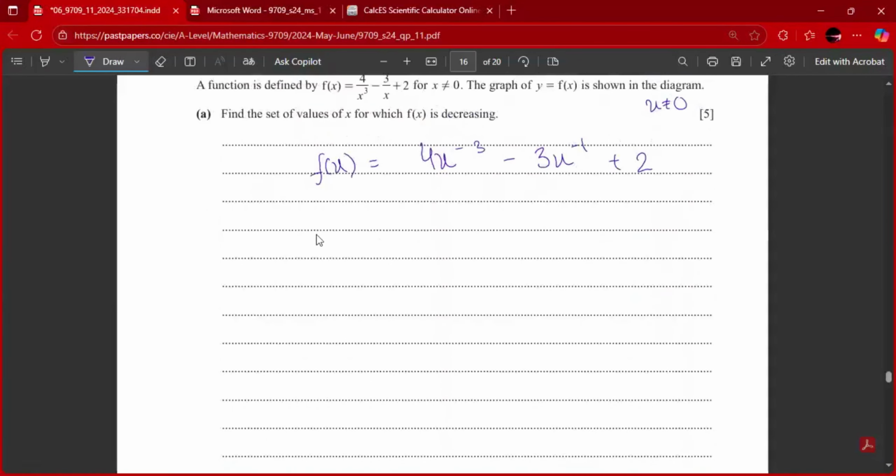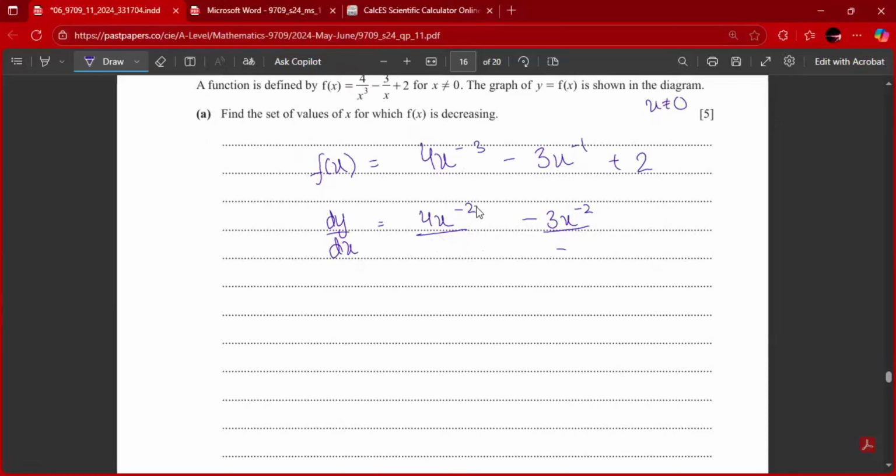So dy over dx is equal to 4x minus 3x minus 2. Power is subtracted. Yeah, power is subtracted.